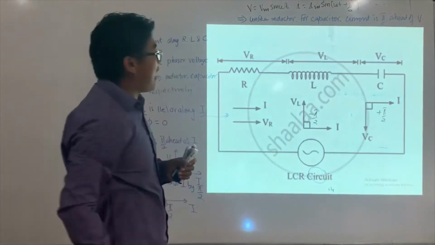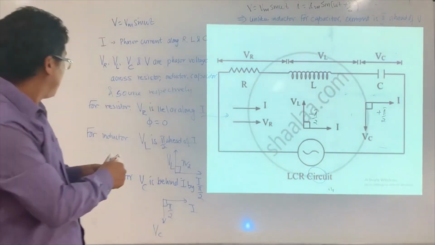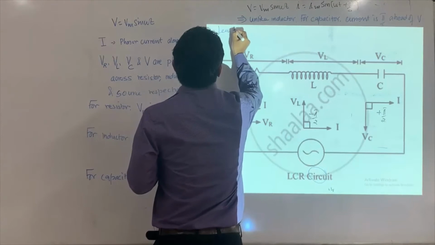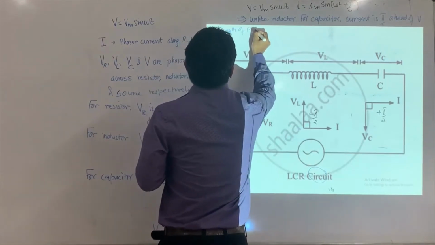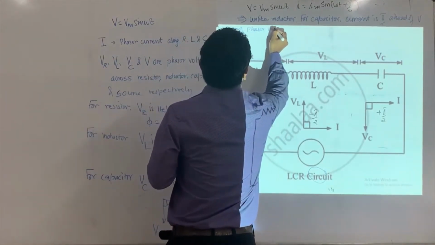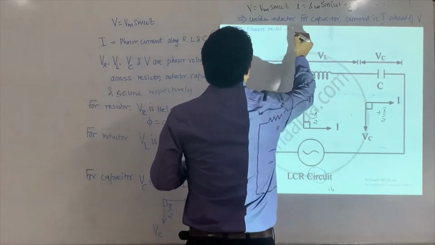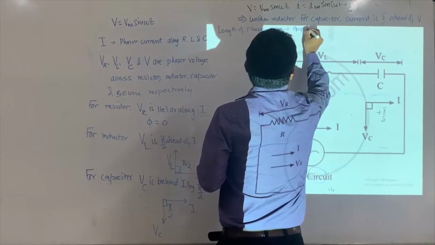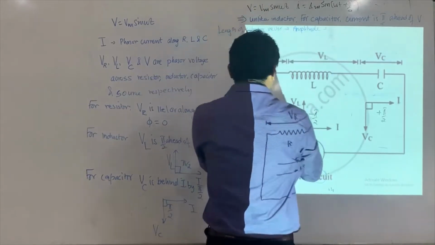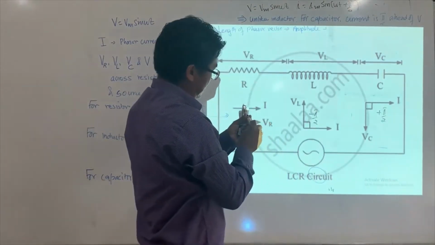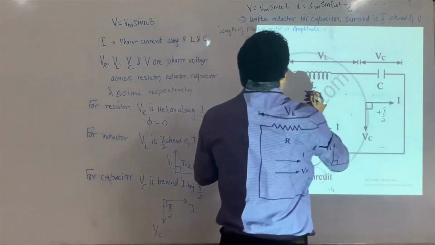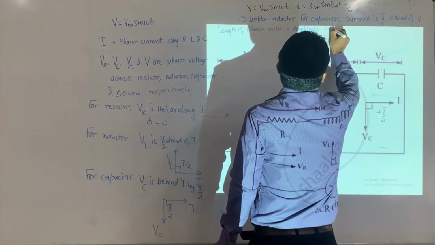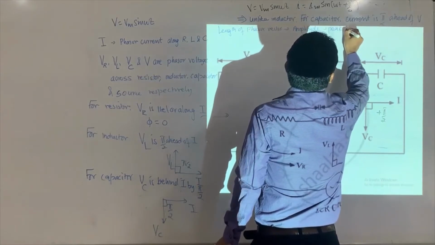The length of phasor vectors represents the amplitude, or maximum peak.